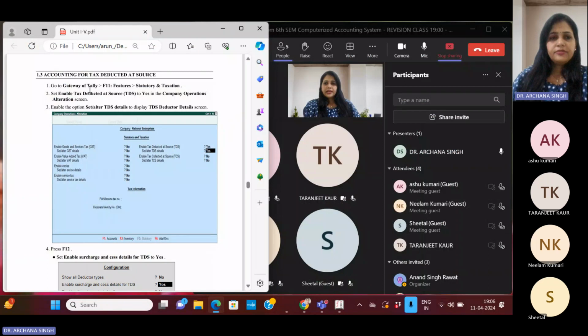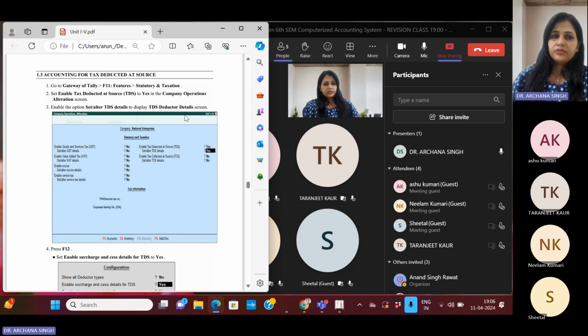Gateway of Tally, F11 features, statutory and taxation. Select the features option, and there you have to select the statutory and taxation option, and enable tax deducted at source. You have to make that option active and press yes so that it can be activated, and in the company operation alteration screen, if you want to make any change, alter TDS details, and if you want to display, select the option display TDS deductor details.